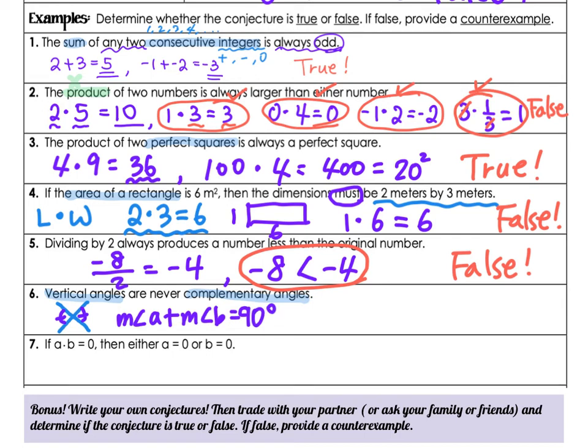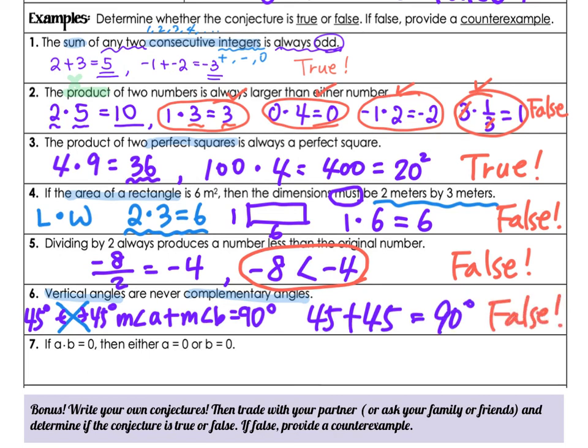So can we find a case where there are vertical angles and also complementary angles? Yes, if the vertical angles are 45 degrees. Does that make sense? If this is 45 degrees, then the other side is 45 degrees. So 45 plus 45 is 90 degrees. So this statement is false, as we found.